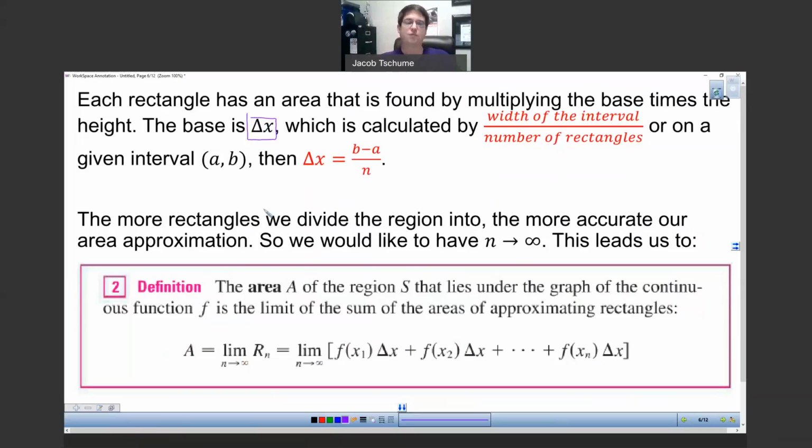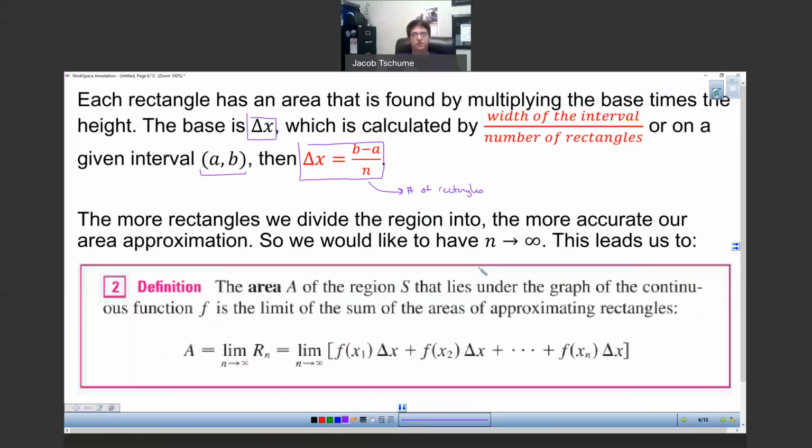And while I didn't formally work this out by hand, how we calculated delta x every time is we took the width of the interval and divided it by the number of rectangles that we wanted to use. Or if you want a more formal definition, if you're given an interval from A to B, delta x can be found by doing B minus A over n, where n is the number of rectangles.